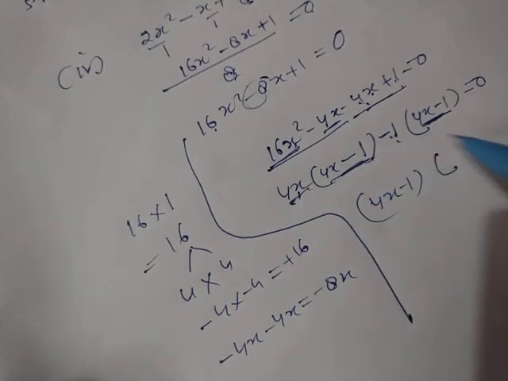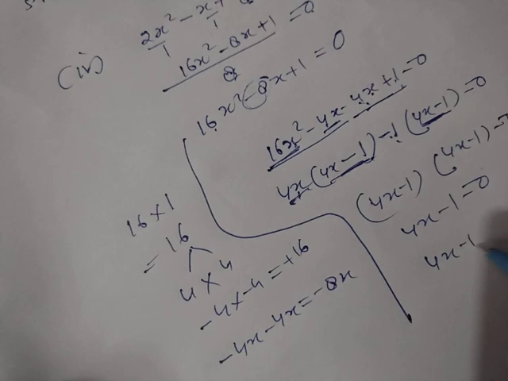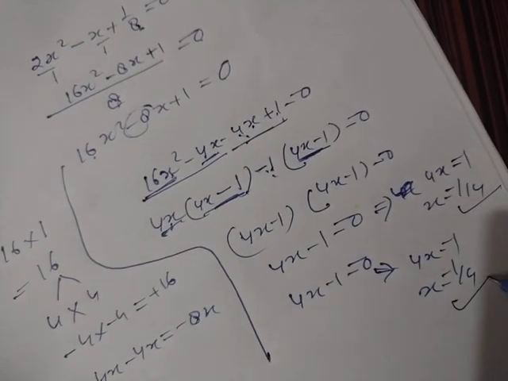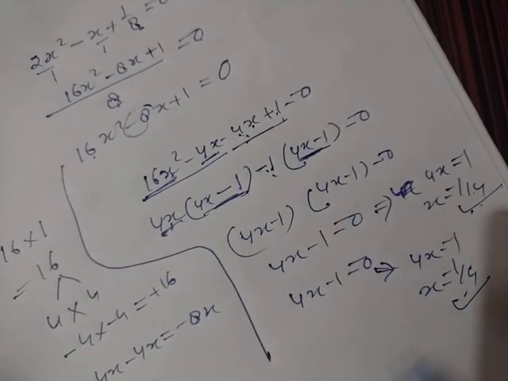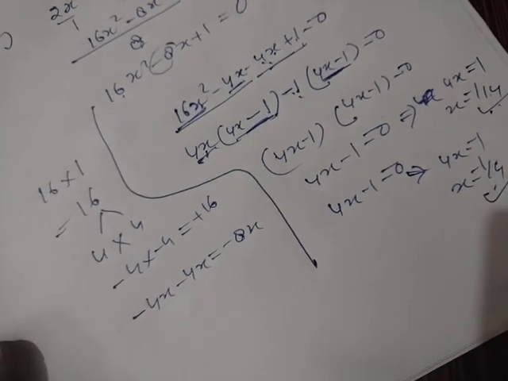Either 4x minus 1 is equal to 0 or 4x minus 1 is equal to 0. This implies 4x is equal to 1, then x is equal to 1 by 4. This is the answer of the fourth part.